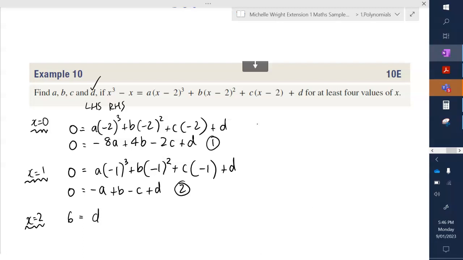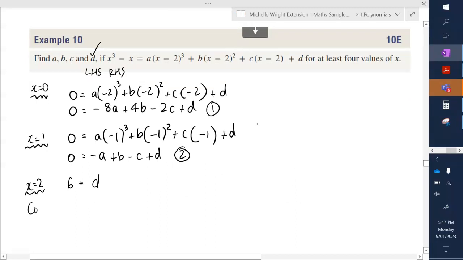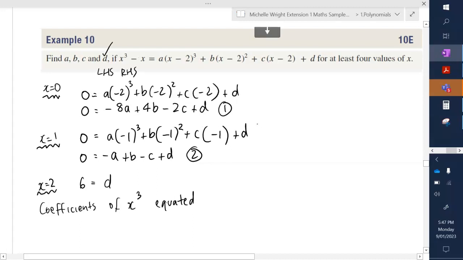So I'm not going to do that yet, but something else that I can actually do, which is similar to the example above, is coefficients of x cubed can be equated. We can easily do that in this case because the left-hand side's easy. There's just x cubed, it's just 1.